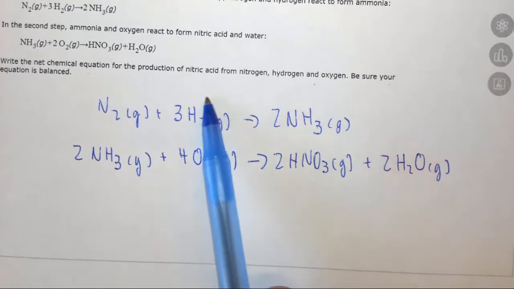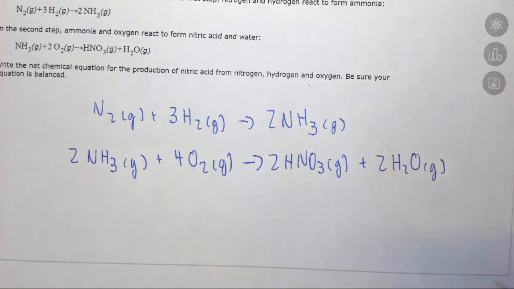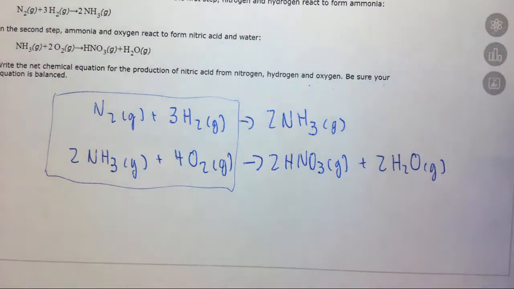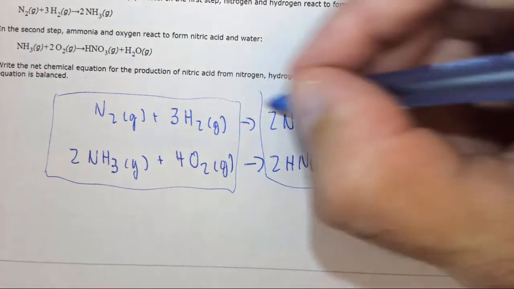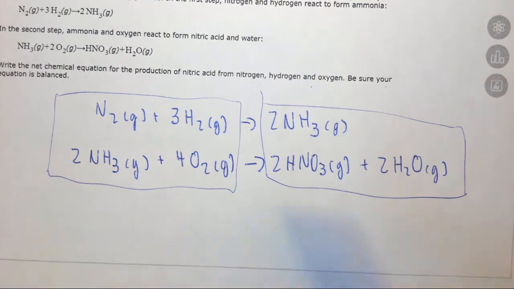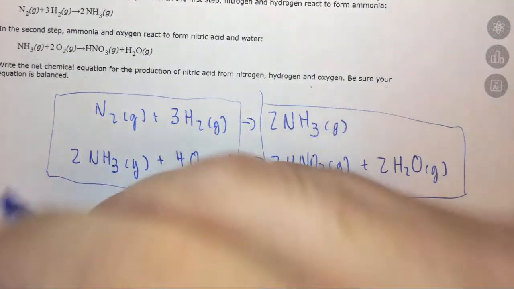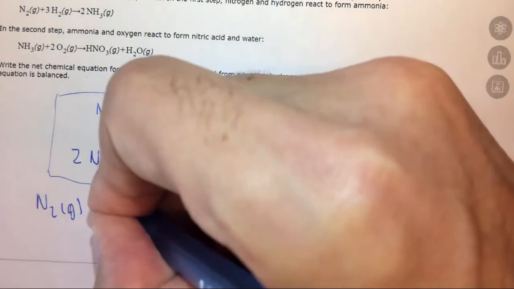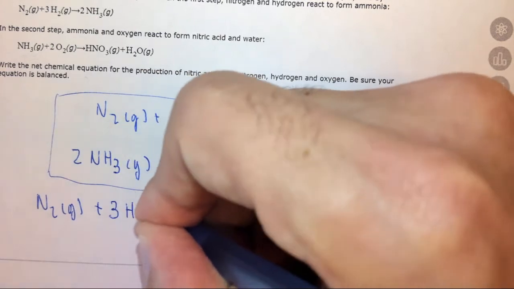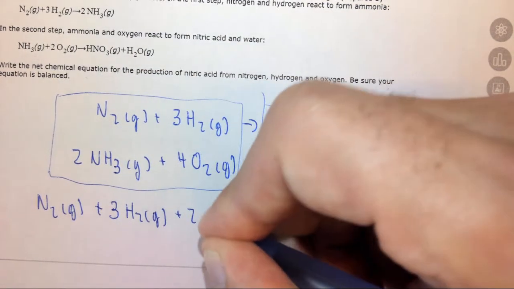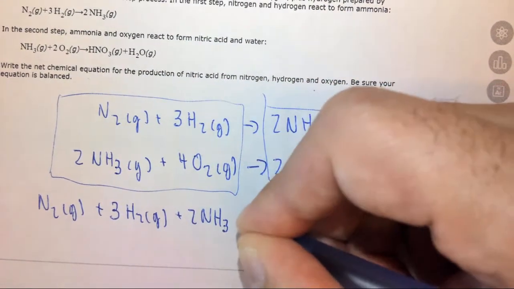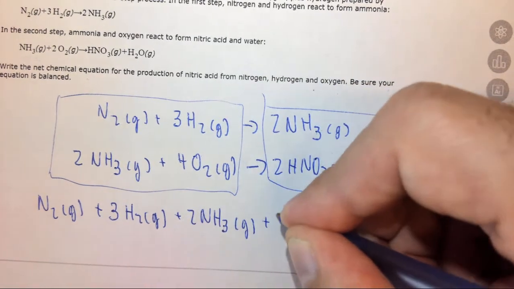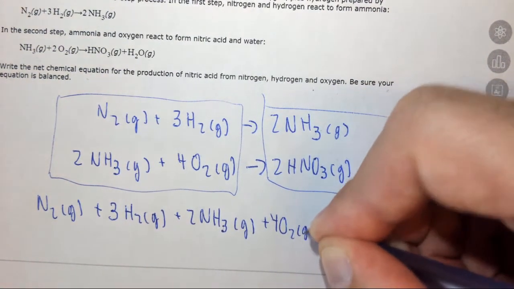Now I want to add these two reactions together. Again, to add the reactions together, write everything on the reactant side on the reactant side, everything on the product side of a new total reaction. So starting with N2 gas plus 3H2 gas plus 2NH3 gas plus 4O2 gas.